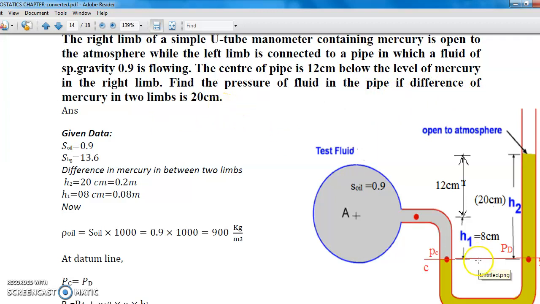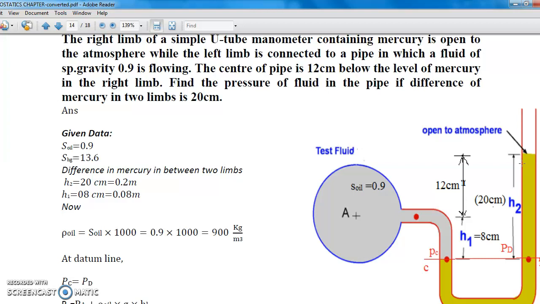Now you see this is the reference line CD, and here you see this H2. This H2 is the difference of the mercury in the two limbs. That is 20 centimeter given.